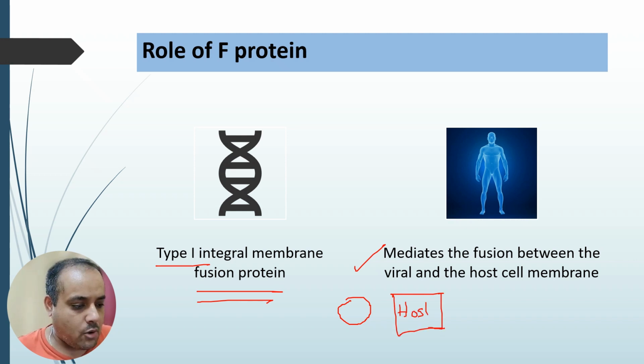In order for the viral cell to infect the host cell, there needs to be an attachment of the viral cell membrane with the host cell membrane, and this attachment is actually mediated by the F protein. Okay.